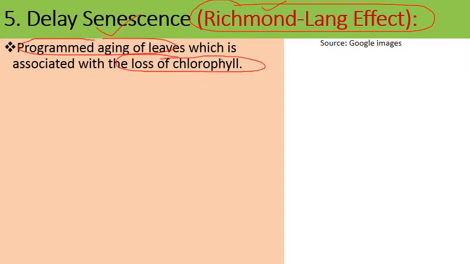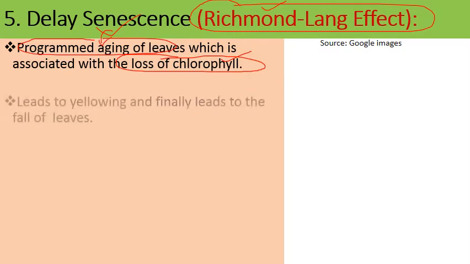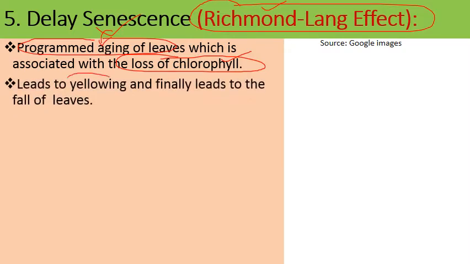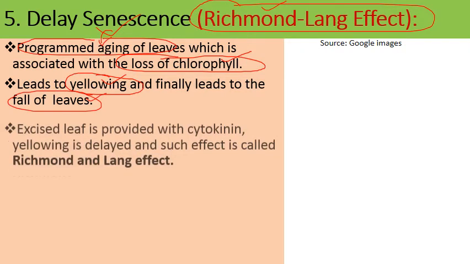Basically, the chlorophyll degrades during the process of senescence, and senescence is the programmed aging of leaves or any other plant parts. It leads to the yellowing of leaves. In winter, we can see the leaves look yellowish in color due to degradation of chloroplast or chlorophyll, and it finally leads to the abscission of leaves or fall of leaves.